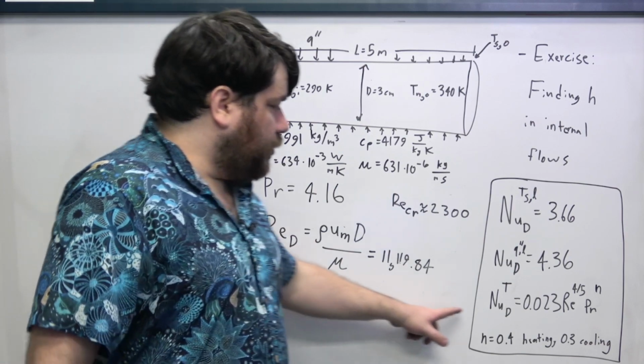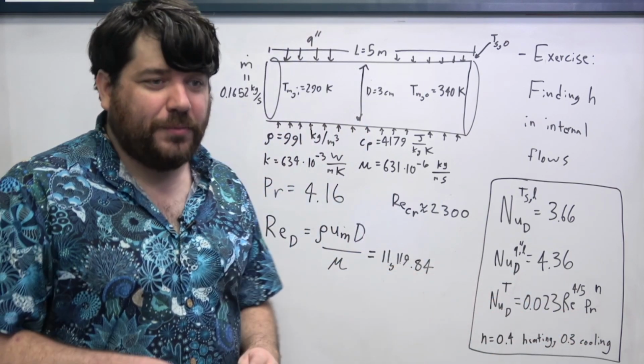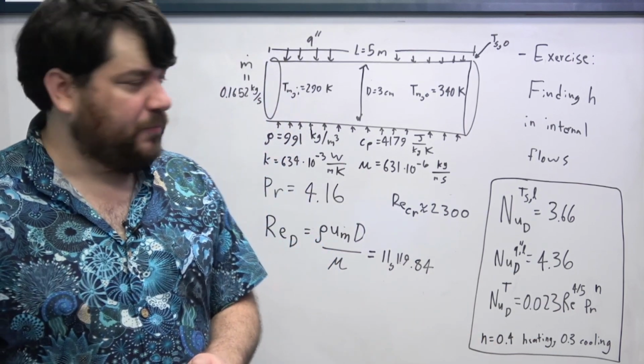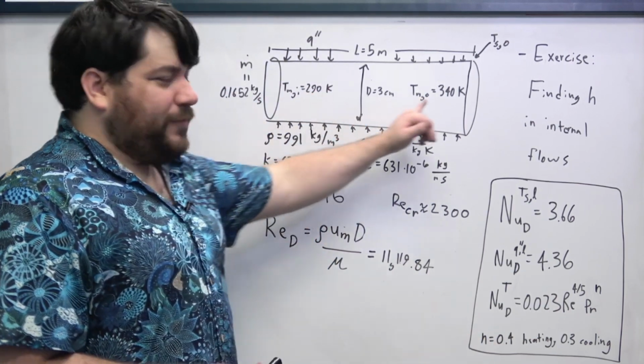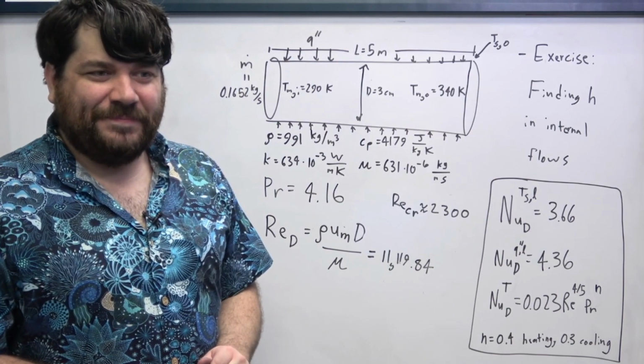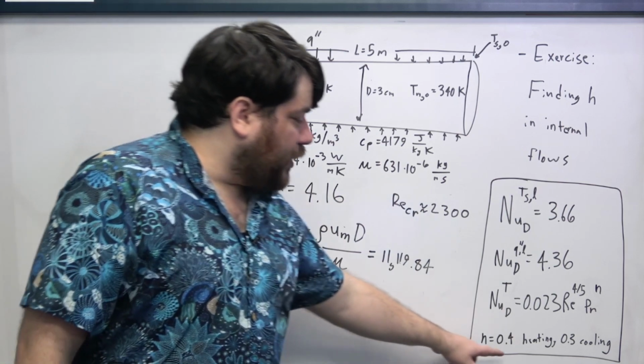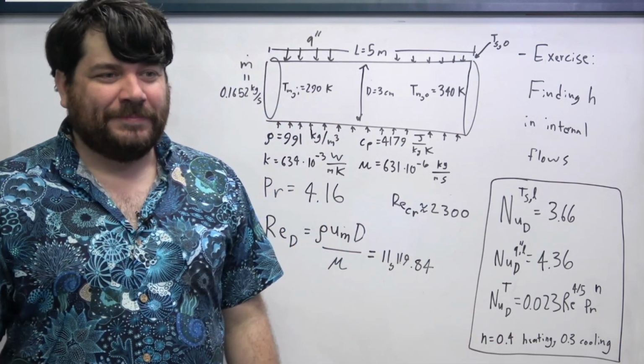And so this is the correlation that we need to use because our flow is turbulent. But which of these exponents do we choose? Well, we can clearly see the liquid is going from 290 to 340. So the liquid is heating up, and therefore it's a heating process. So we use the 0.4.